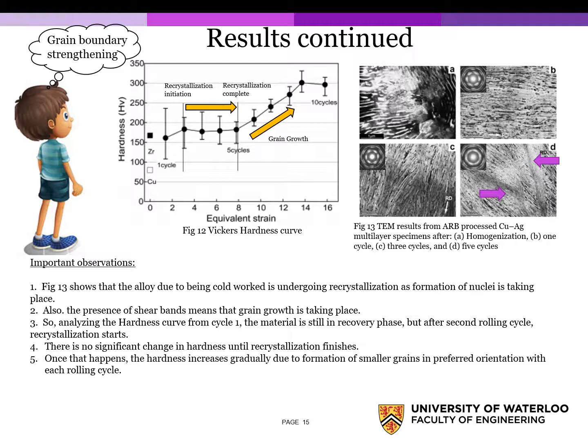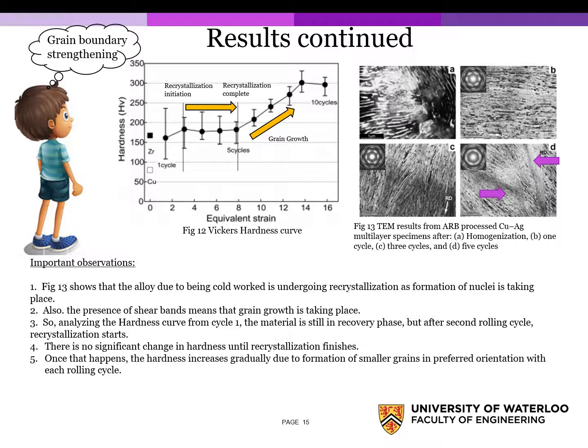So analyzing the hardness curve from cycle 1 again, we can say that the material is in the recovery phase, but after the second rolling cycle, the recrystallization starts. Hence, there is no significant change in the hardness until the recrystallization phase finishes.